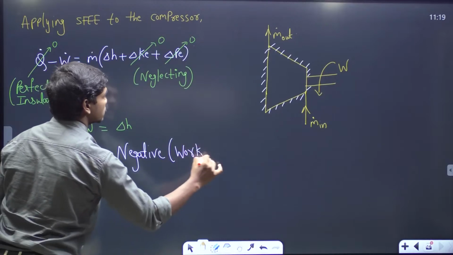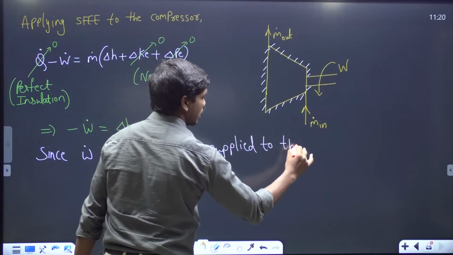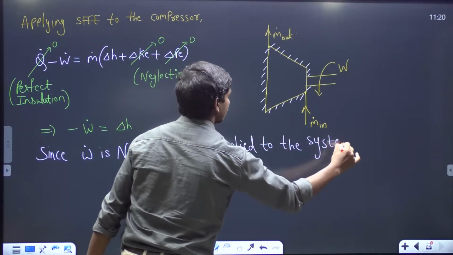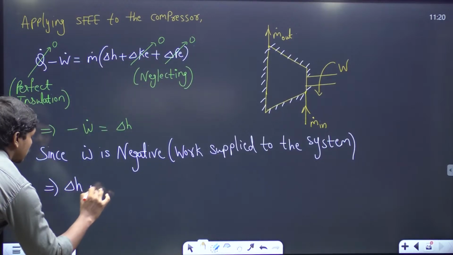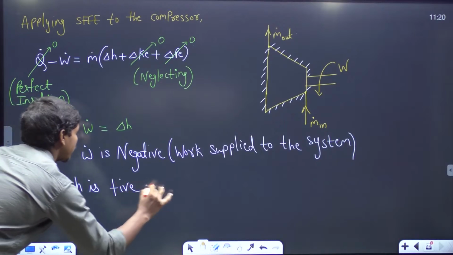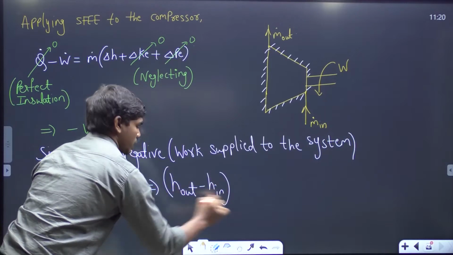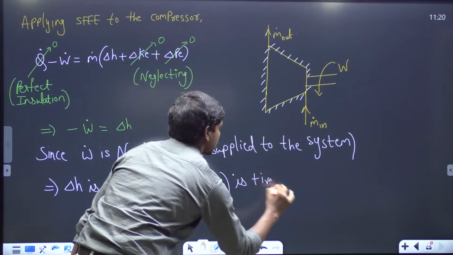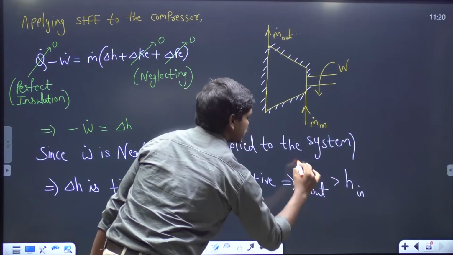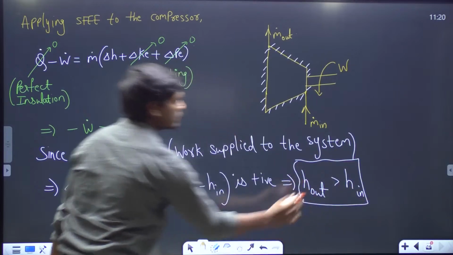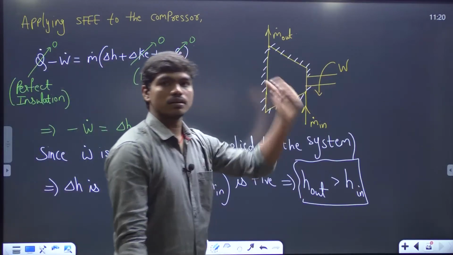Work supplied to the system. So if you write this, then delta H is positive, which implies H out minus H in is positive. So H out is generally greater than H in, which means the compressor tries to increase the enthalpy of the fluid. Basically, it increases the pressure energy by increasing the pressure by consuming some external work input.